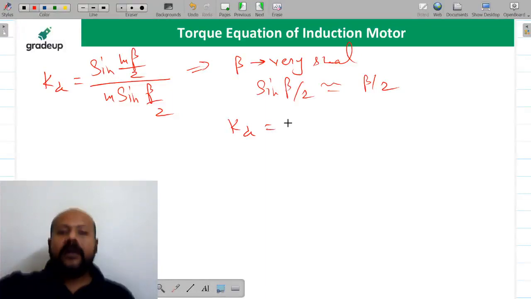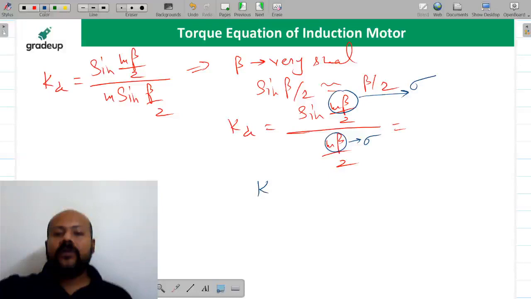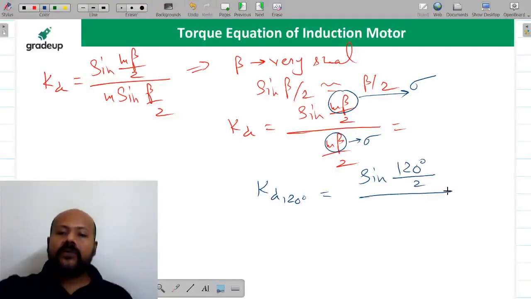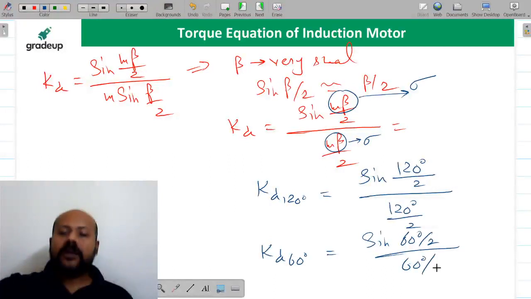So you can write Kd is equal to sine M beta by 2 upon M beta by 2. Now this M beta is nothing but the phase spread. So if you want to write it for 120 degrees, you can write it like sine 120 upon 2 divided by 120 upon 2, and if you want to write it for 60 degree phase spread, you can write it sine 60 divided by 2 upon 60 divided by 2.